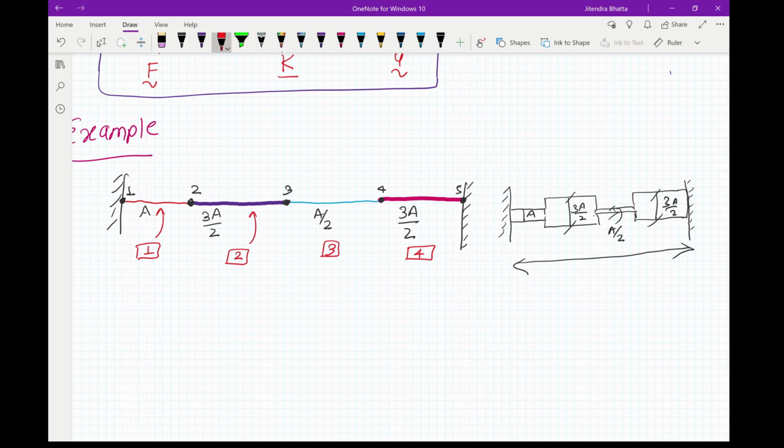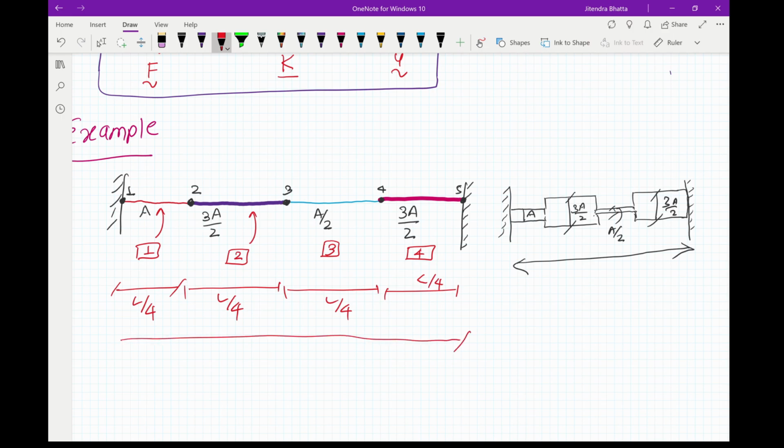And let's say each of them has an equal length of L by 4. So the total length will be L. Let's say we apply a force of P at this point here.